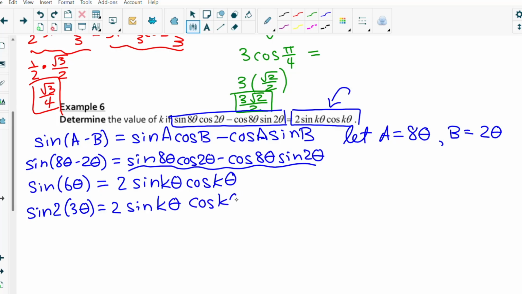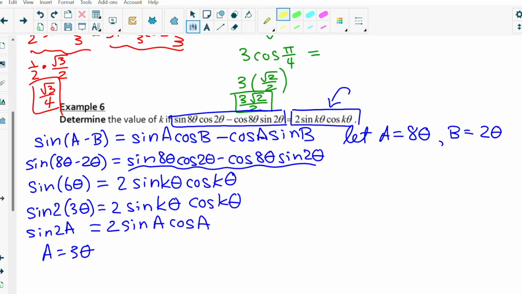and I just rewrite the right side like this, let me rewrite the double angle identity on the left side. So sine of 2 alpha equals 2 sine of alpha cosine of alpha. Okay? Alpha in this case equals 3 theta. In this case here, let me highlight it, I have k theta, I have a.